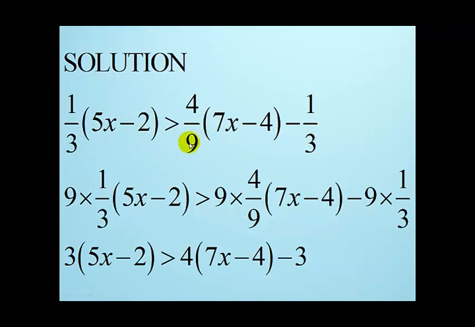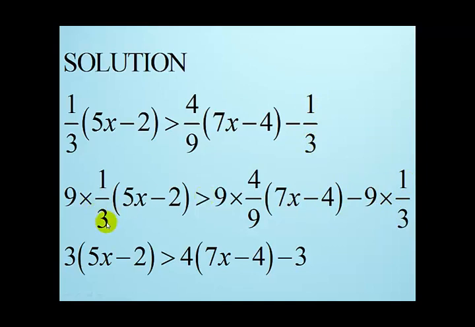So we multiply through by 9: 9 times 1/3(5x − 2), this is greater than 9 times 4/9(7x − 4), minus 9 times 1/3.